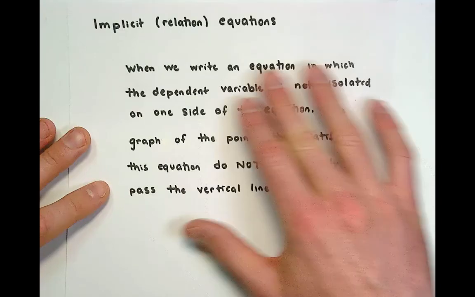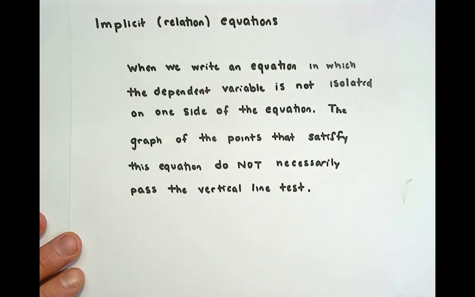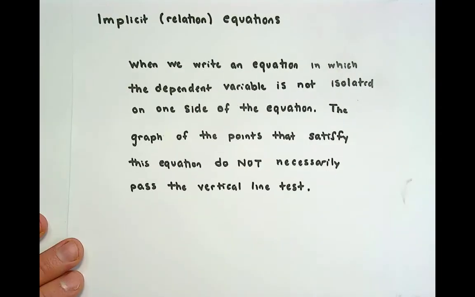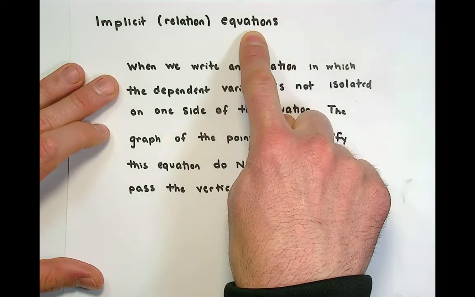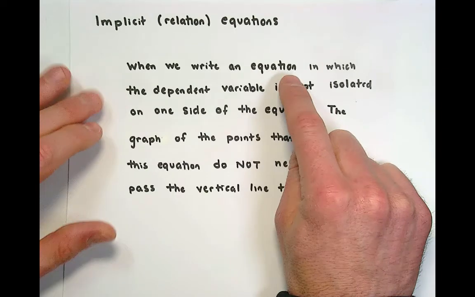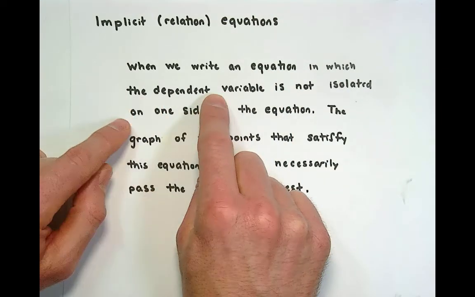We had a second category of equations, which we called implicit relation equations. And when we talked about implicit relation equations, we said that these equations represent situations where it is hard to isolate the dependent variable in terms of independent variables.